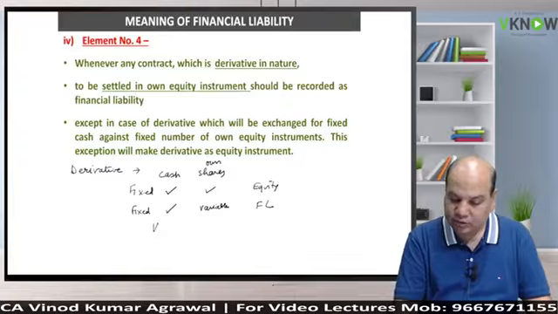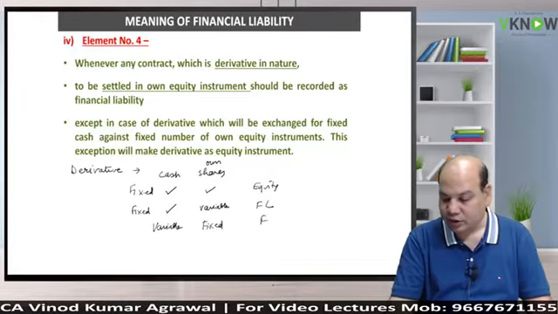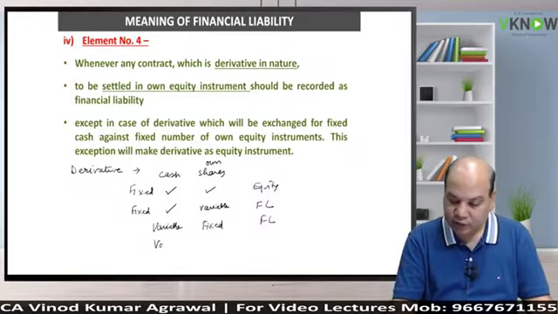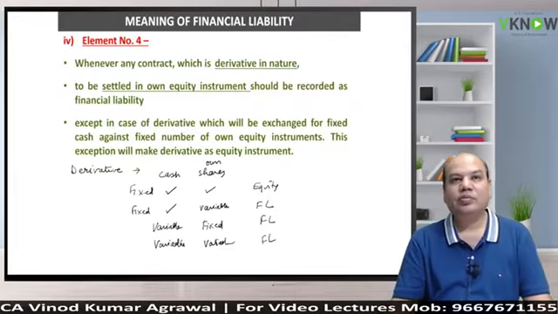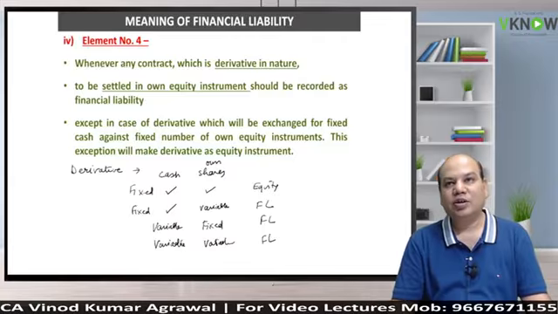Then variable amount of cash, fixed number of shares, financial liability. Variable amount of cash, variable number of shares, please don't mind the spelling, financial liability.